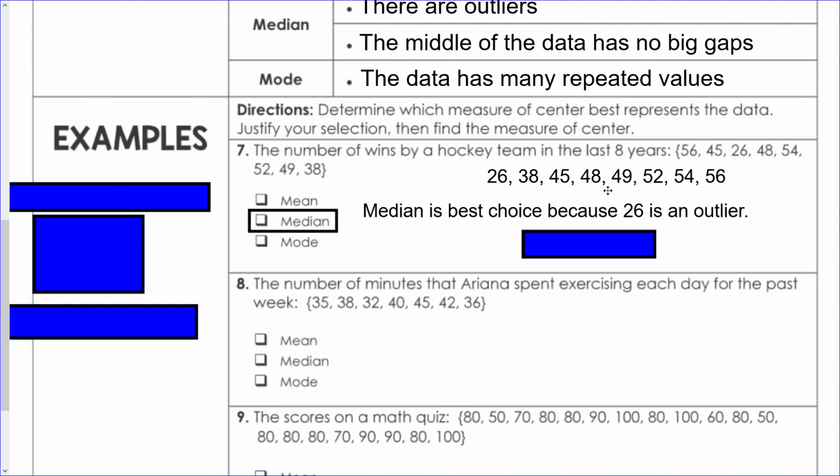Because there are 8 numbers, our median is going to be right in the middle, right between 48 and 49, which means our median is going to be 48.5. For questions like this, you only really need to find one of those measures of central tendency. Just figure out which one is the best one as you go.